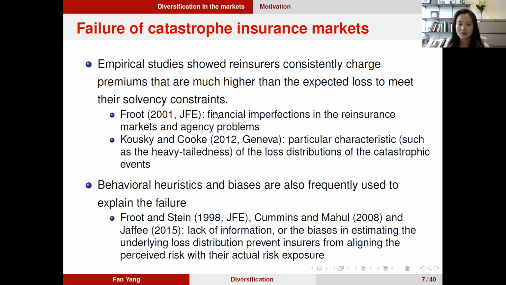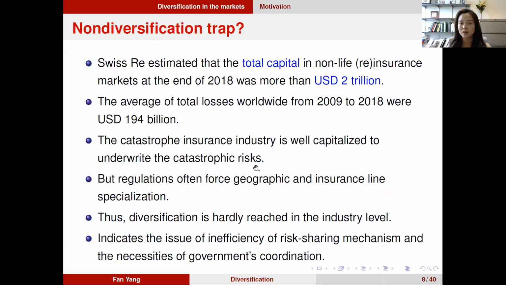But still keep these two problems in mind: the market problem and the heavy-tailedness. Today we're going to look at these two problems from the diversification point of view, to see how these two questions can be answered, or whether there's a solution.